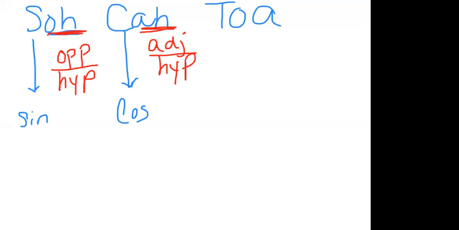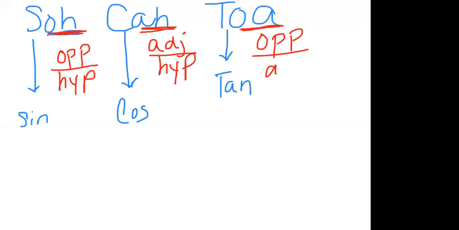And then finally, you have the T, which represents tangent, and tangent means the opposite, O, over the adjacent, A, okay? So that's how the mnemonic device is going to help you remember which one is cosine, which one is sine, which one is tangent.